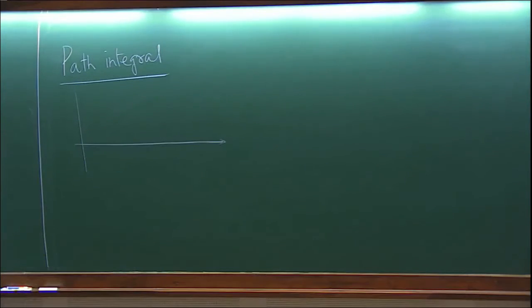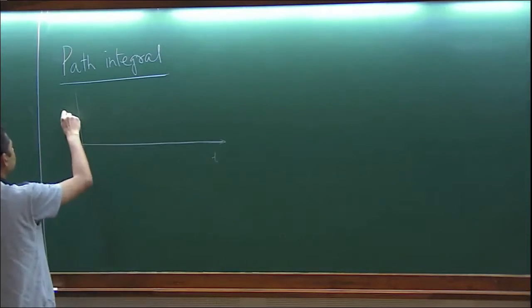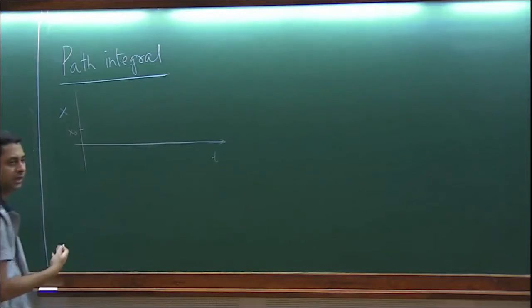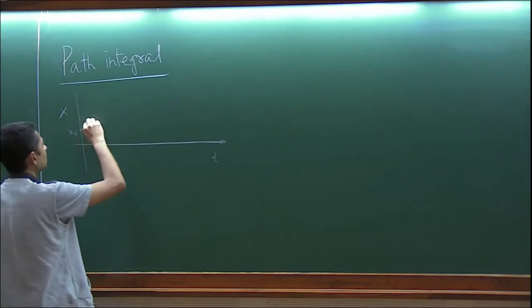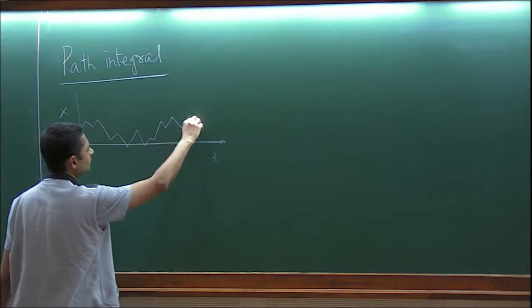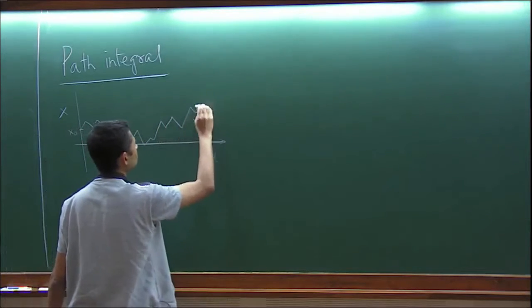Yesterday, we said that if I just look at a trajectory, this is my time and this is my position. Suppose I start with some position x0. These trajectories are random, so it goes something like that. If I discretize the time, it need not be equal steps.